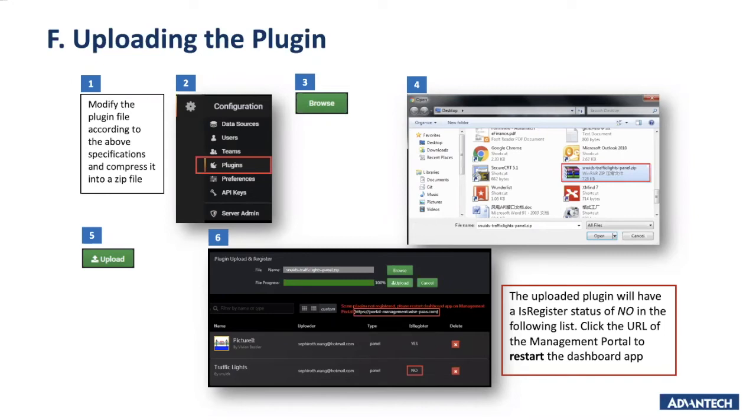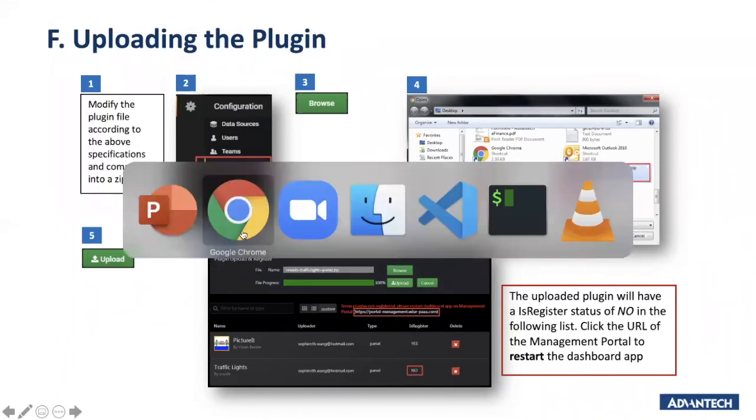Now that we have our plugin working on our local machine, in our local Grafana, we're going to have to upload the plugin to our WISE-PaaS dashboard to see if it's also working there. Okay, so now let's go to the dashboard on the WISE-PaaS.